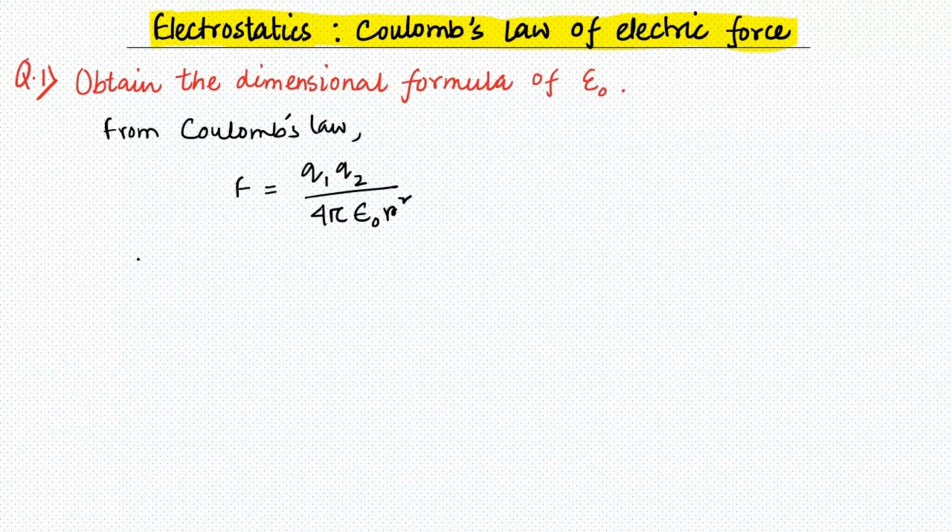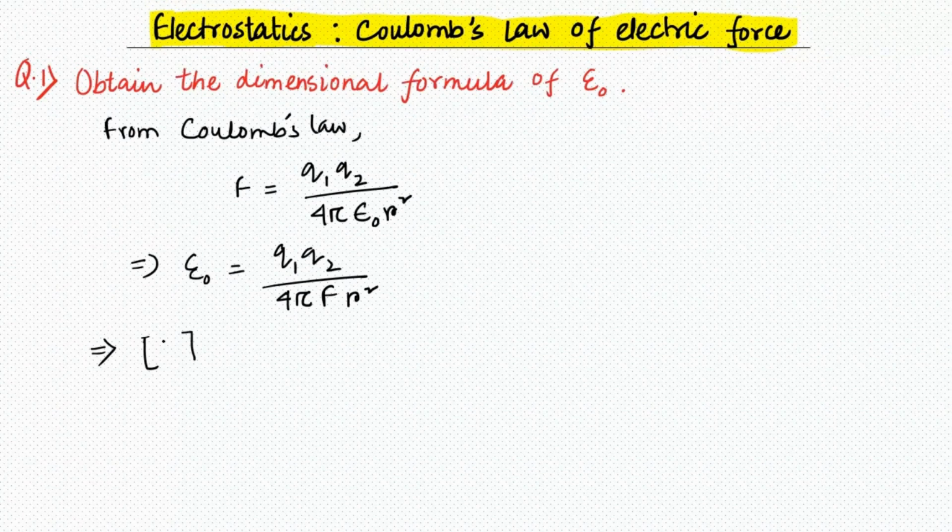So from here we can write epsilon naught is equal to Q1 Q2 by 4 pi F r square, right? So from this equation only we are going to solve the dimensional formula of epsilon naught.